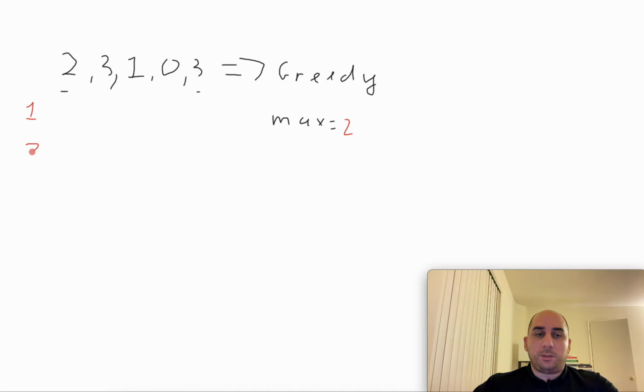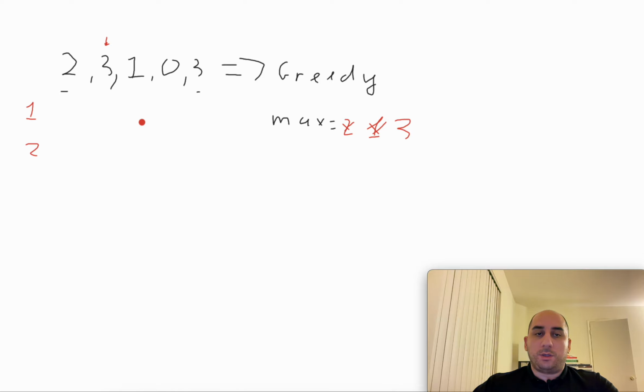In the second iteration, we are going to our next index, which is 3. Here the value of max is not 2, actually it's 1, because we decremented it, we moved one position. Now we are making a local decision. Which of these values can take us further, 1 or 3? Obviously 3, because it's more than 1, so we are replacing this value with 3.